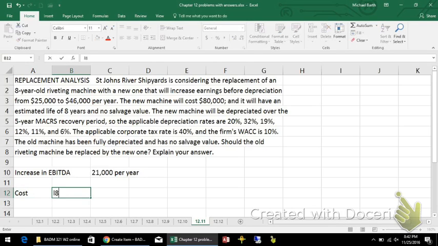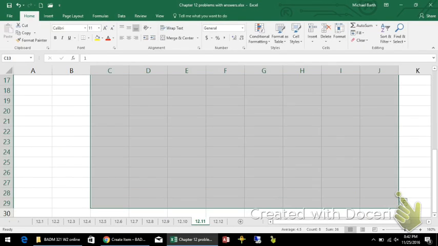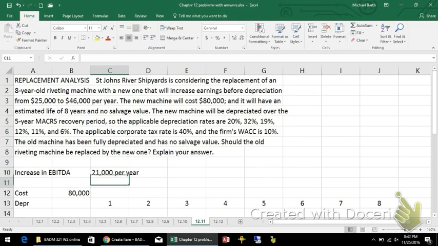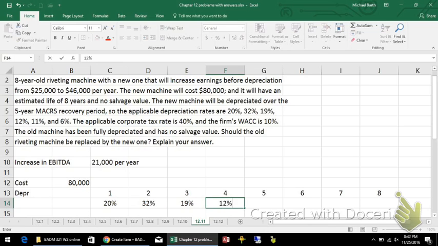The new machine's going to cost $80,000, and then the depreciation expenses in years 1, 2, 3, 4, 5, 6, 7, and 8 follow the MACRS rules, and that would be 20%, 32%, 19%, 12%, 11%, then 6%, and then 0% because it's fully depreciated.